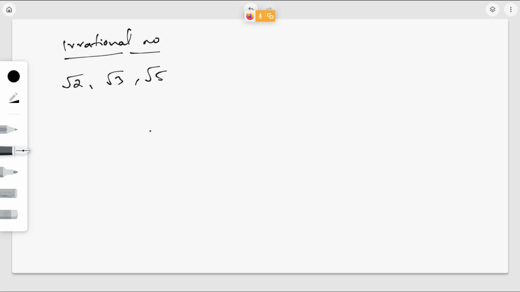So before that, to prove the given numbers are irrational, you need to know this theorem number 3. Write down this one. Let P be a prime number.